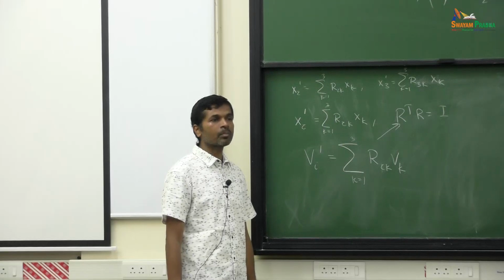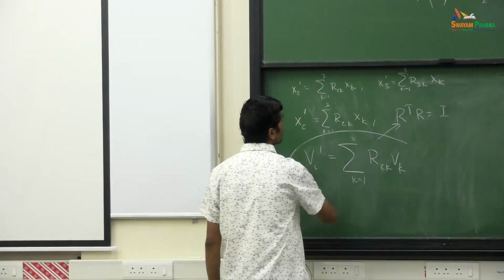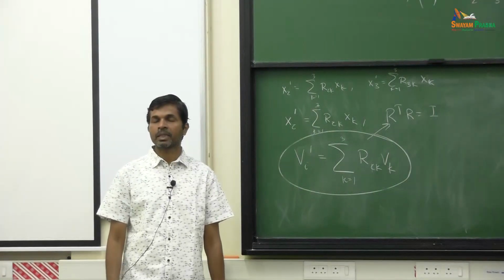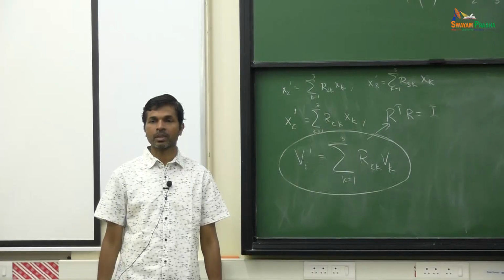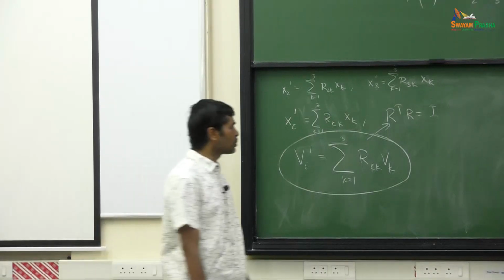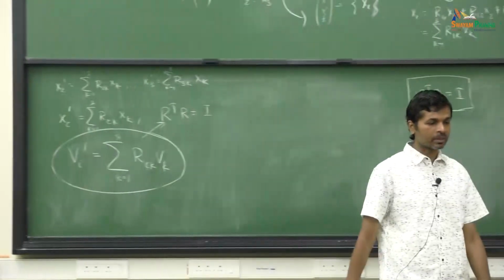So now I am turning the definition around, and this is what makes a set of 3 quantities a vector. Any set of 3 quantities which transform in this fashion under rotation are called vectors.